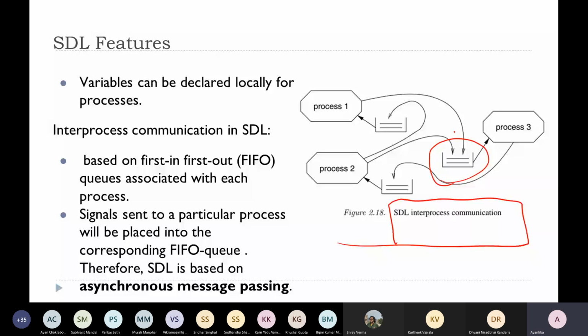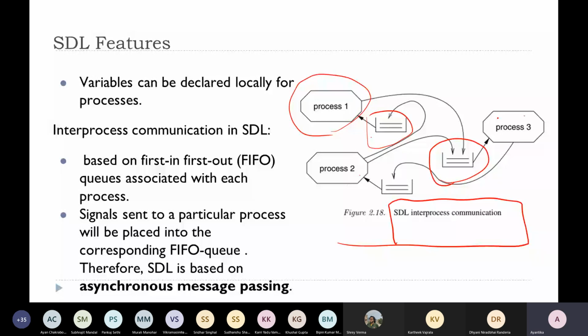That means here is a process and this process is associated with some queue. Similarly, process 2, process 3, each of these processes is associated with some queue. Now, in general, when you implement a queue type of structure, we use different functions, that is NQ or DQ.